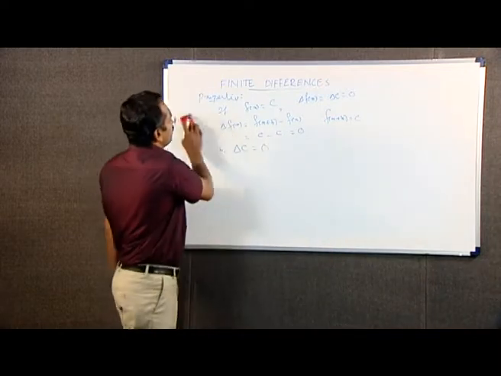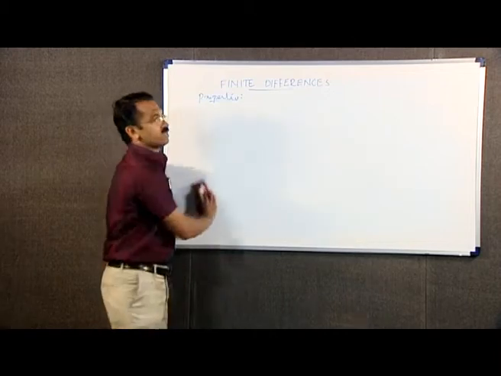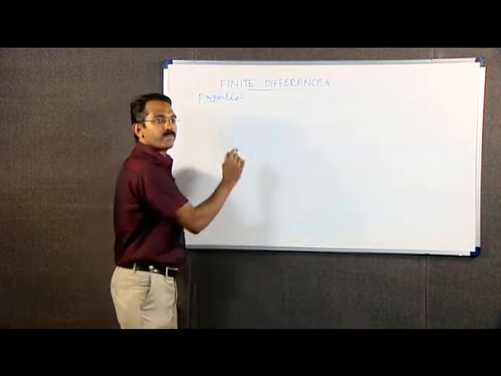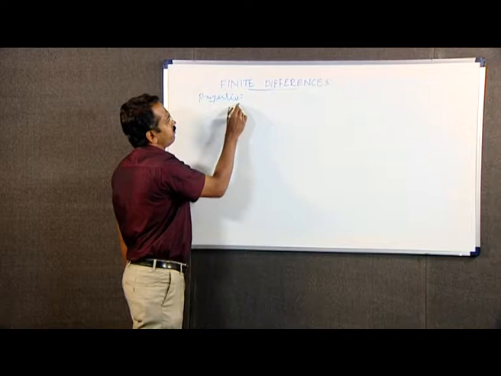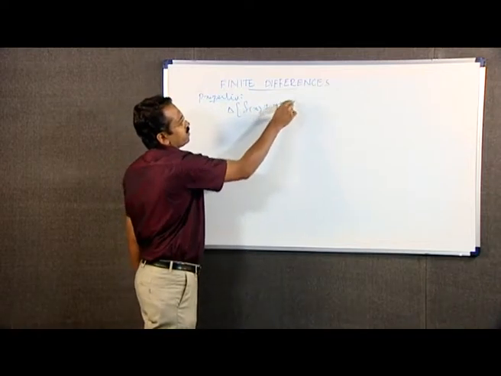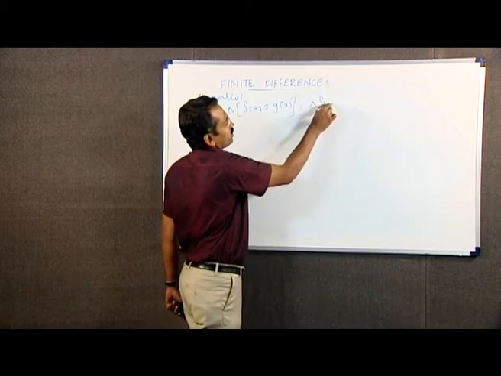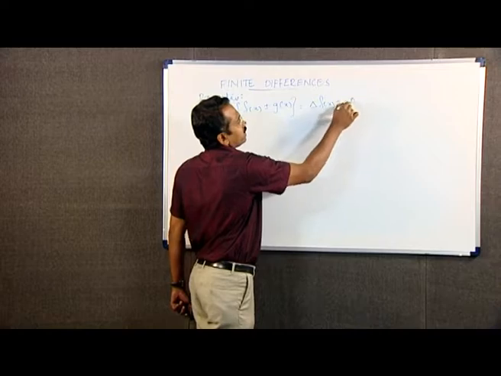The second property is the forward difference operator delta is distributive. That is delta of f of x plus or minus g of x is equal to delta f of x plus or minus delta g of x.